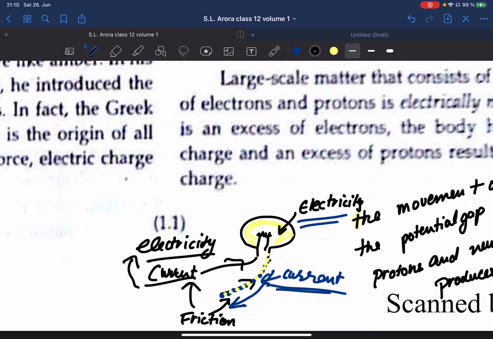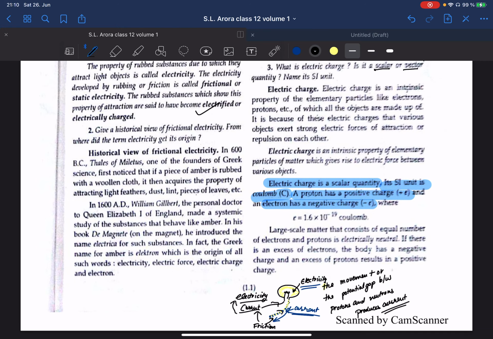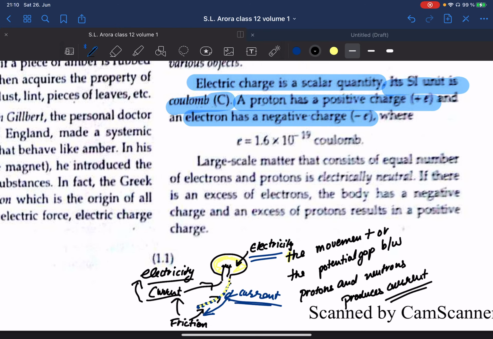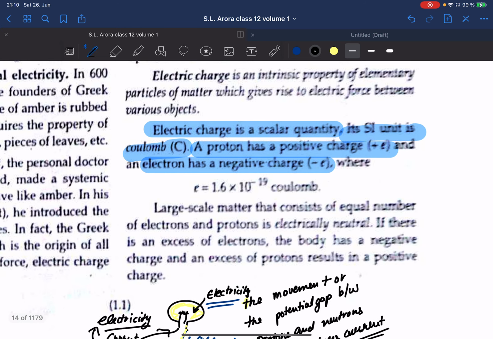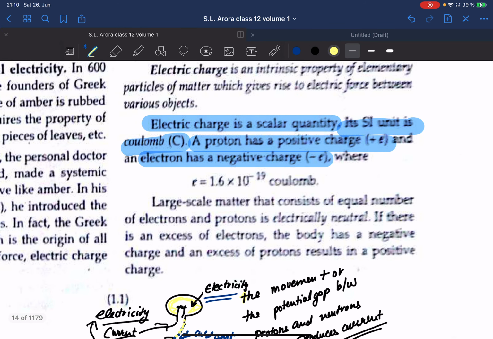So friction produces current, and then produces electricity. I guess now you know the basic thing: how does the light happen when we turn on the light?